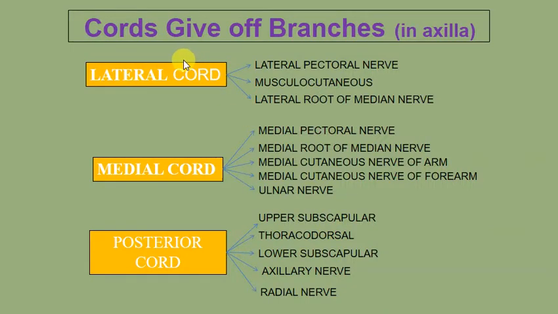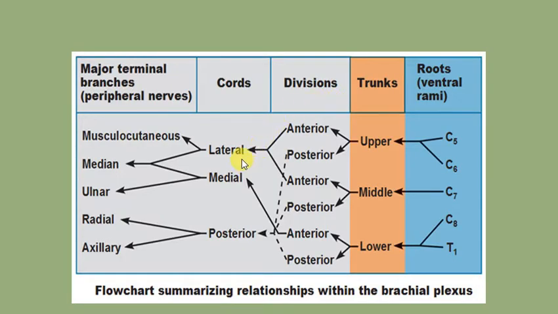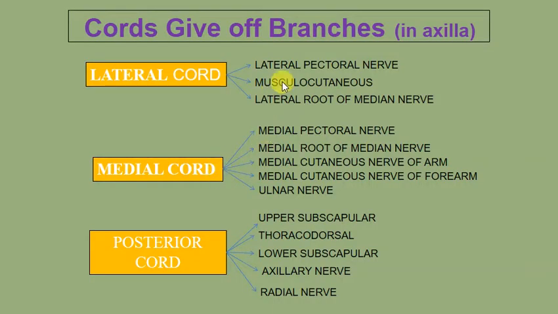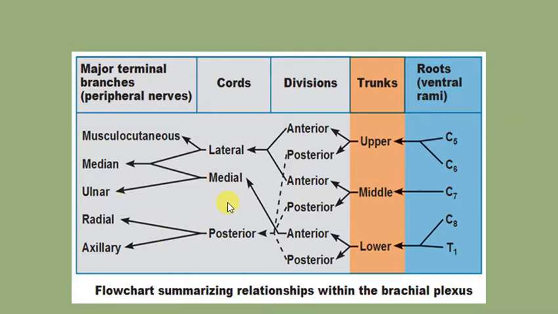This is how the cords give off branches in the axilla. So in the axilla region of the upper limb, the lateral cord gives off the lateral pectoral nerve, the musculocutaneous nerve, and the lateral root of the median nerve. So here we have said the lateral cord gives off musculocutaneous and median. That means the median nerve has two roots, a lateral root and a medial root. At the axillary region it also gives off the lateral pectoral nerve, which is not indicated in this chart.